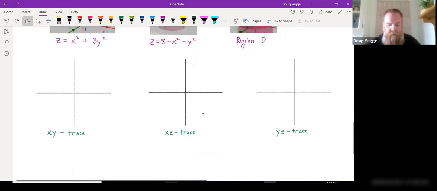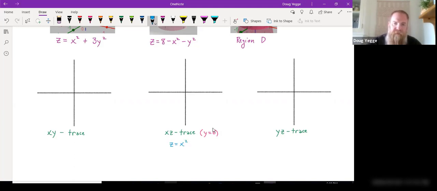The way we do so is by setting certain quantities equal to 0. So let's start off with the xz trace. The xz trace is if we set y equal to 0. If we set y equal to 0, then for the first function we would end up getting z equals x squared.